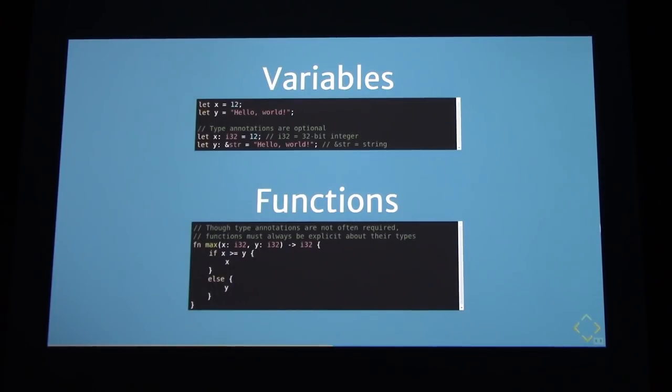This example also shows another aspect of Rust, which is that the last expression of the function is used as the return value from that function. So here you see that x and y are put on their own lines without a return keyword or a semicolon. That means that one or the other will be the result of the if statement, and then that will be returned from the function, since the if statement is the last expression in the function's body.